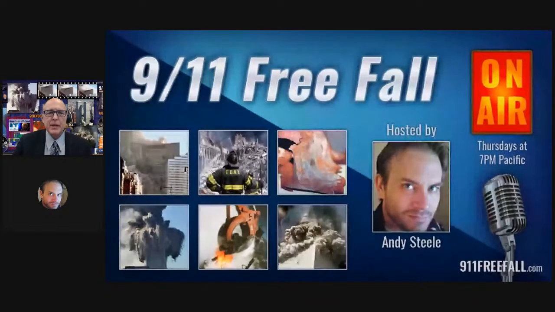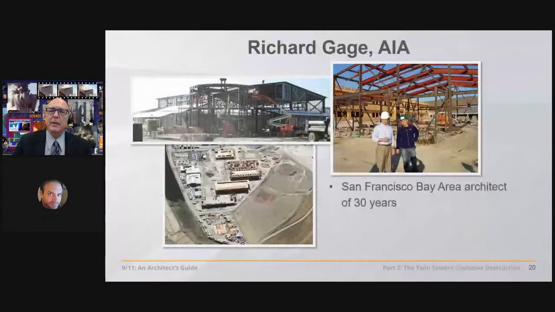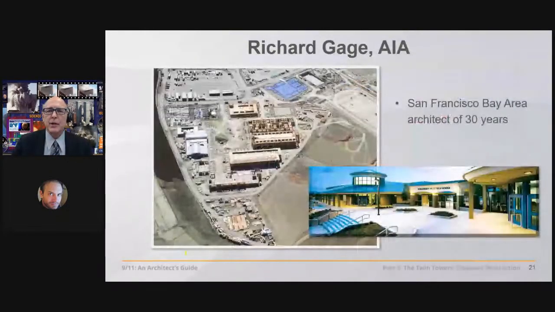Also, just so people know something about my background, I was responsible at a local firm here in the San Francisco Bay Area for the construction documents for these $3 and $10 million gymnasiums and the construction administration for this $125 million high school.